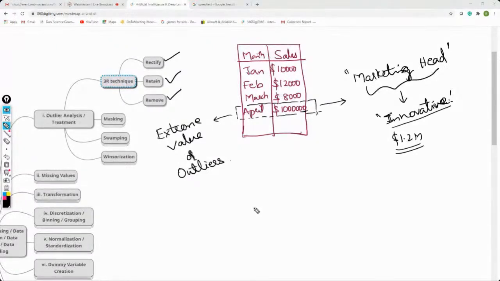90% of the people that I've interviewed, when I check with them on what is your definition of outliers, they explain it amazingly. But when I check with them on what do you do with those outliers, they give me just one answer: we remove it, we delete it. Outliers give you a lot of scope to analyze, right?